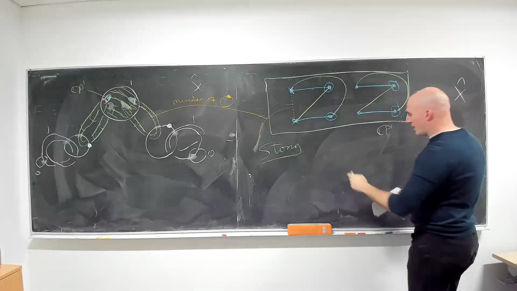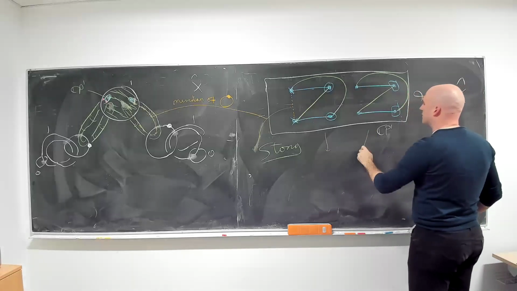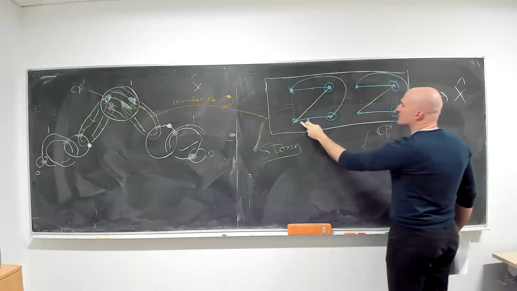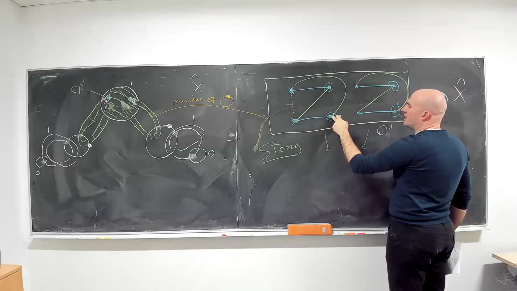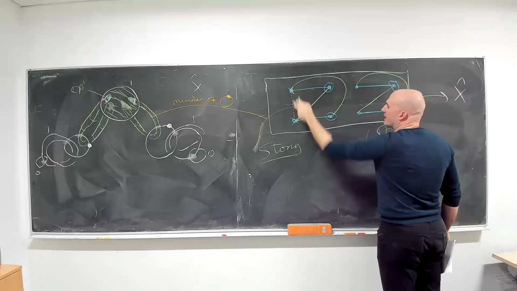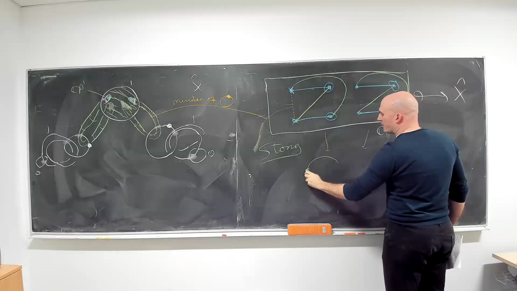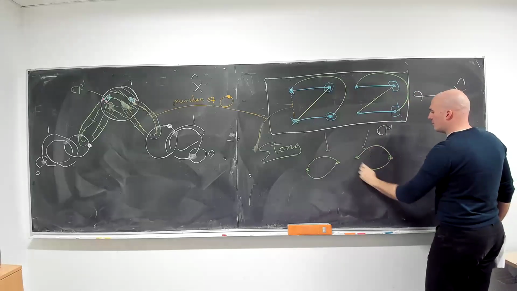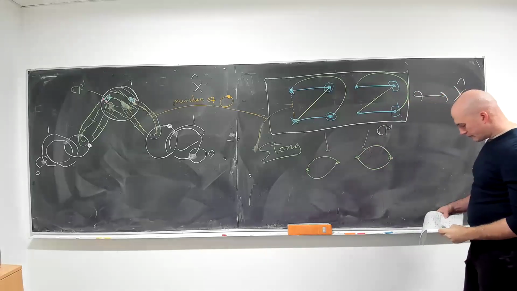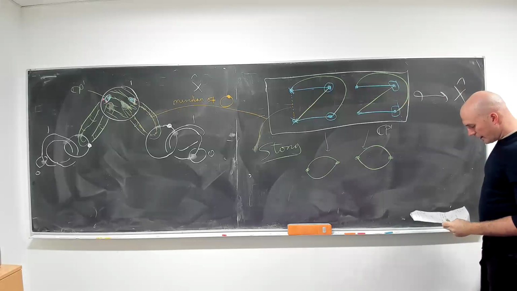And notice that when I map this in, this still maps to a circle, because I go along here, and then that gets identified with here, and then I go along here, and that gets identified with here. So these still get mapped to a circle, and so does this.